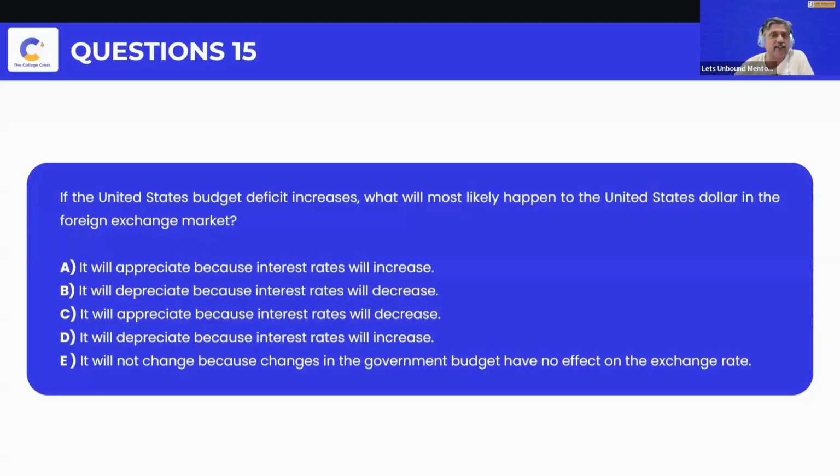As a result of increased interest rates, the dollar will appreciate in the international currency market. So in the foreign exchange market, the dollar will appreciate because of an increase in the interest rate.